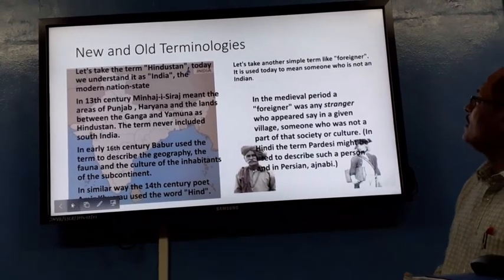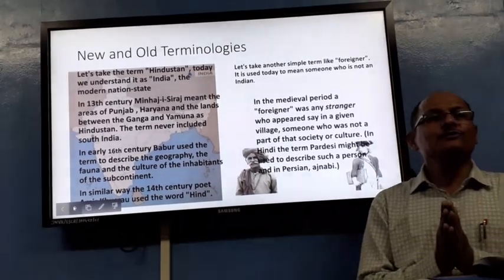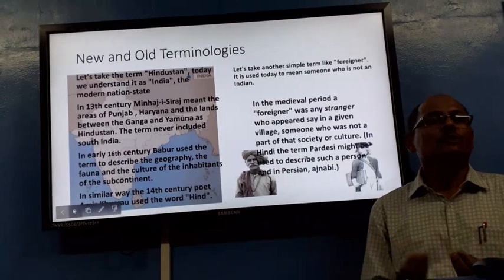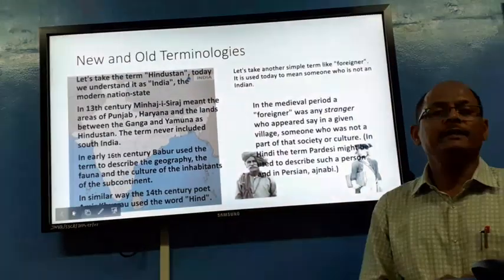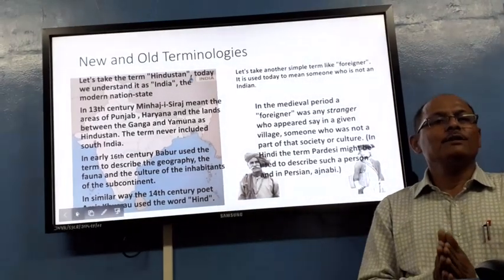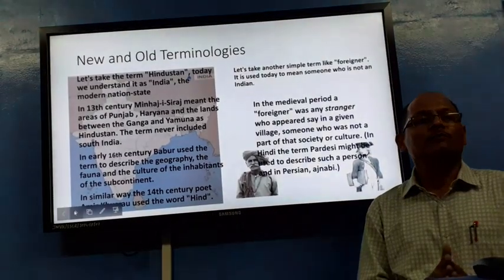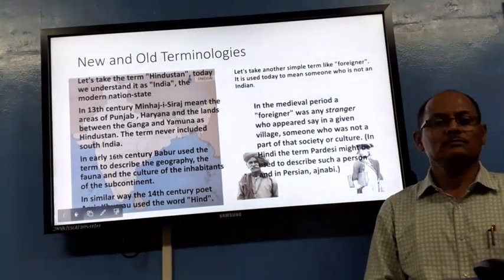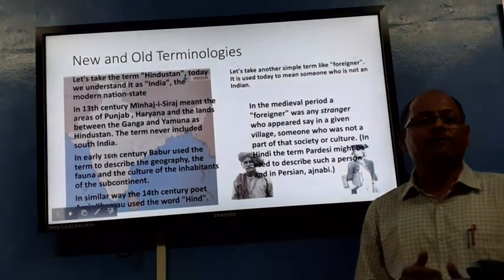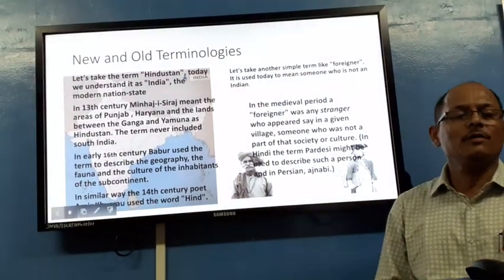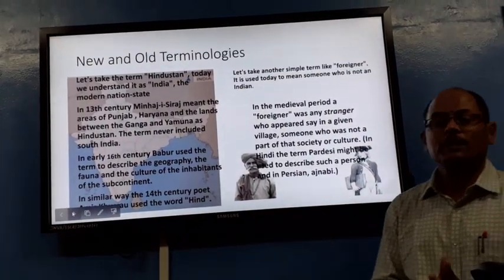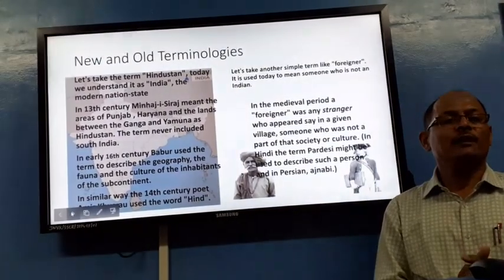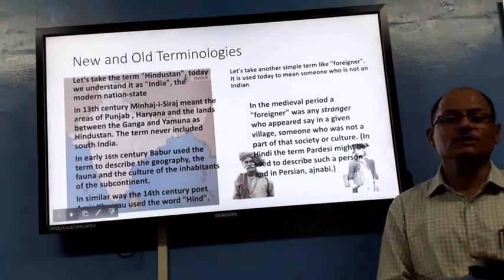Another example is foreigner. It is used today to mean someone who is not an Indian, meaning a person who is coming from outside the country. But in the medieval period, a foreigner was any stranger who appeared, say, in a given village, someone who was not a part of that society or culture. In Hindi, we use the term Pardesi, and in Persian, the word Ajnabi.